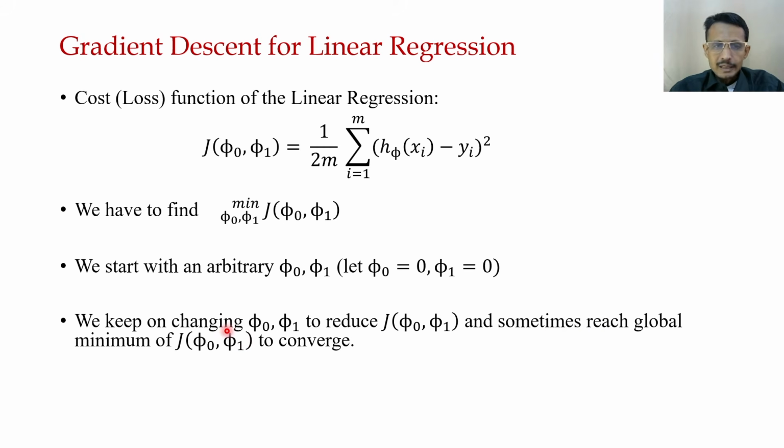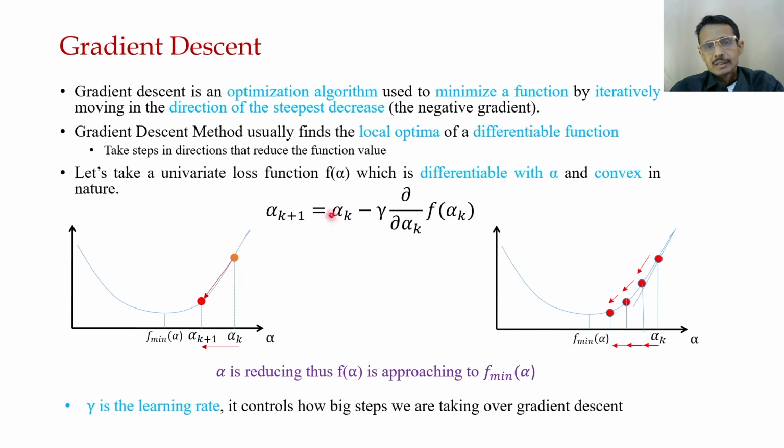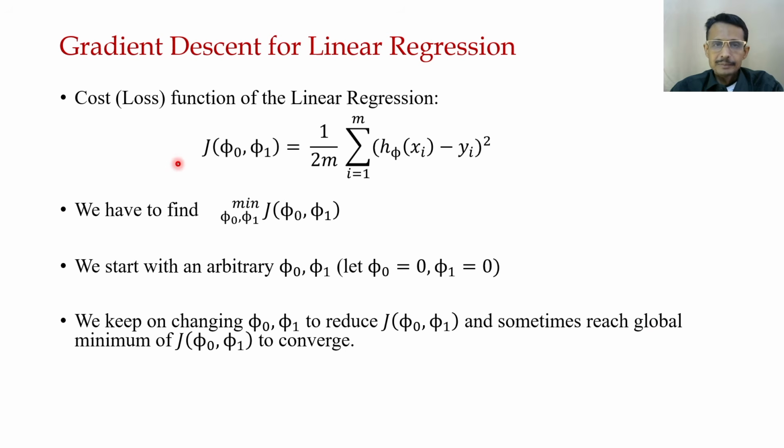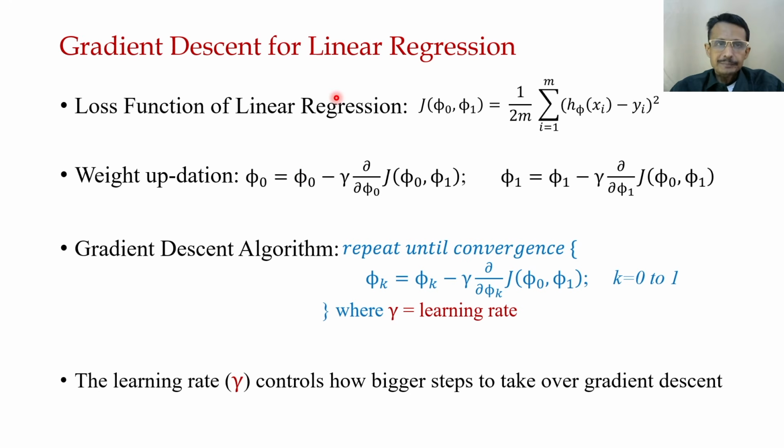How will we keep changing? Using this equation, where we were changing alpha k, but since it is univariate, now it is phi 0, phi 1. So with this background, we try to define our gradient descent for the linear regression problem.